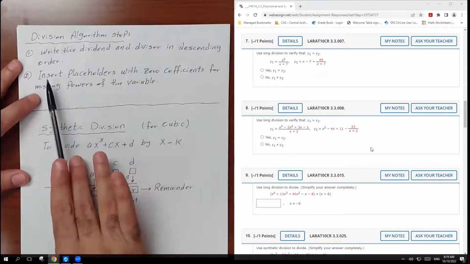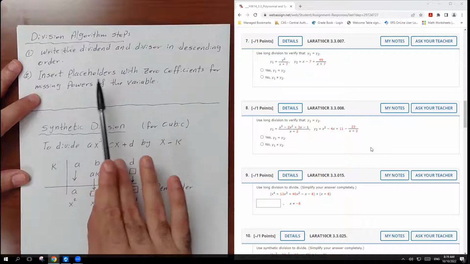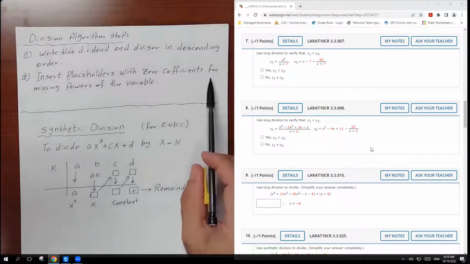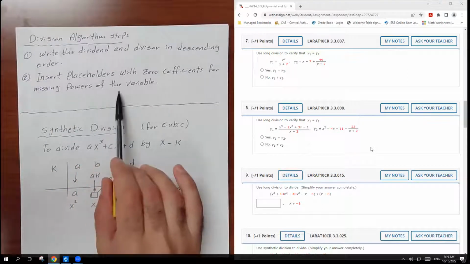The second thing, insert the placeholder 0. If any of these exponents are missing, like x squared, instead of x squared you put 0x squared. This is also really important: coefficients for the missing powers of the variable.